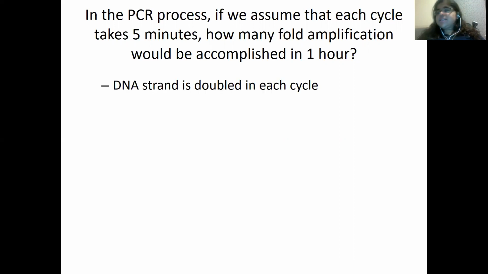We know that DNA strands are doubled in each cycle, and 2 to the n.